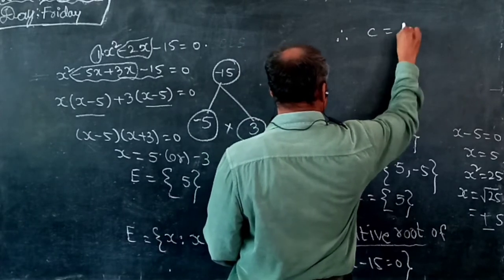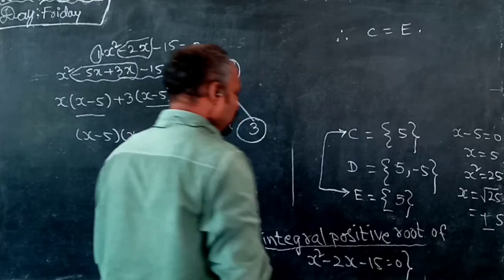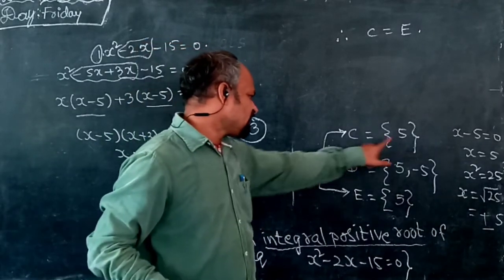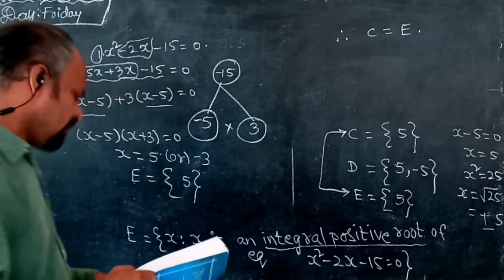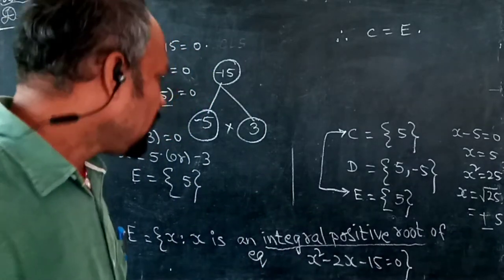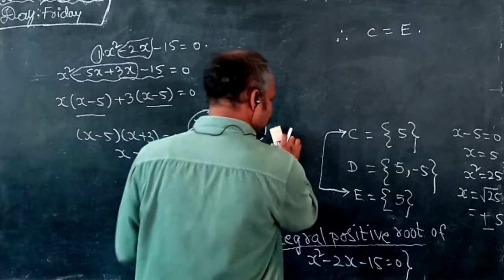Why? Because C is equal to 5, E is equal to 5. Therefore, C and E are equal sets. Next, one more example we'll see.